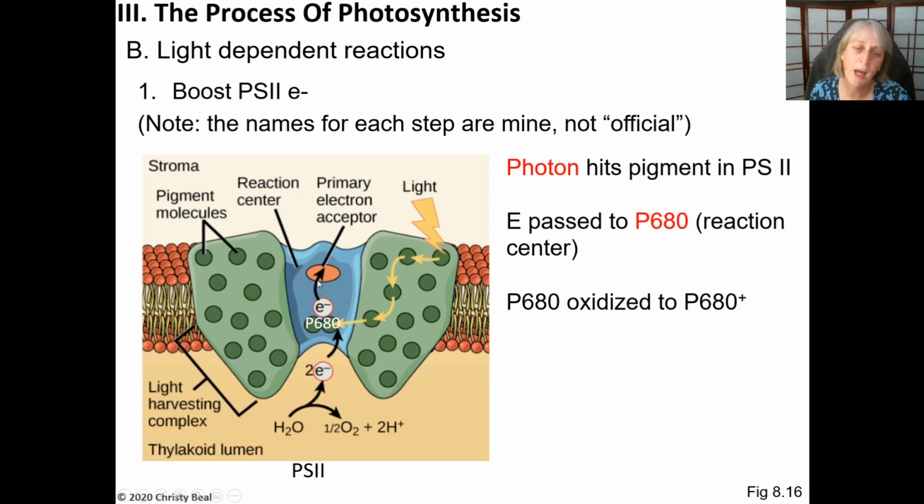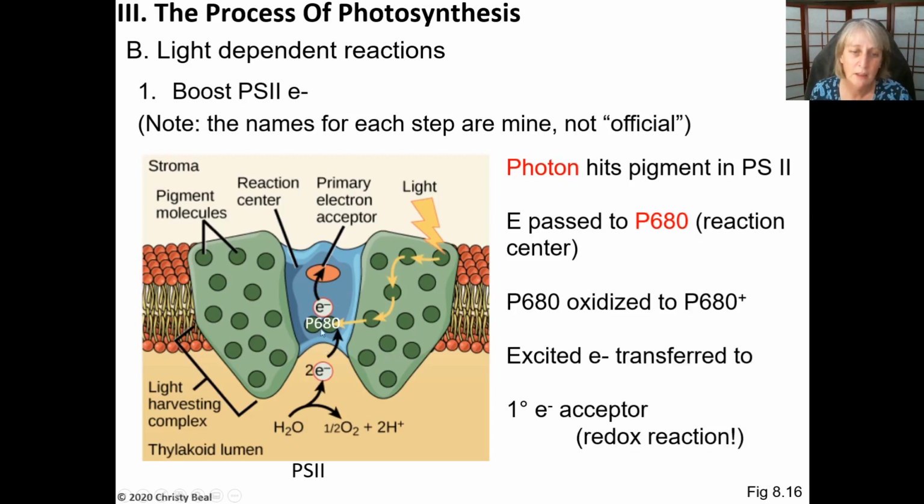We're going to kind of skip ahead and then come back. This excited electron is passed to a reaction center. We're just going to call it the primary electron acceptor. This is a part of the molecule here that is waiting for an electron. It is waiting to be reduced.